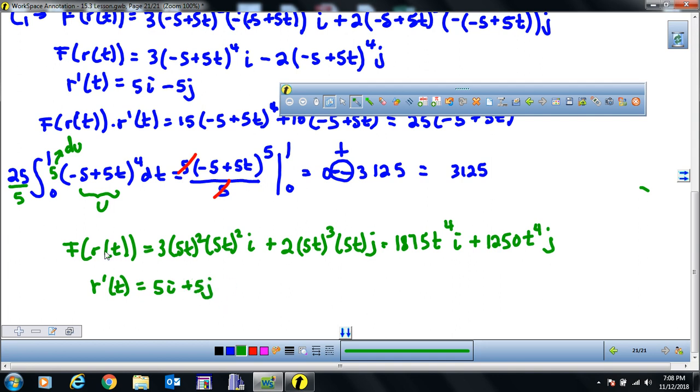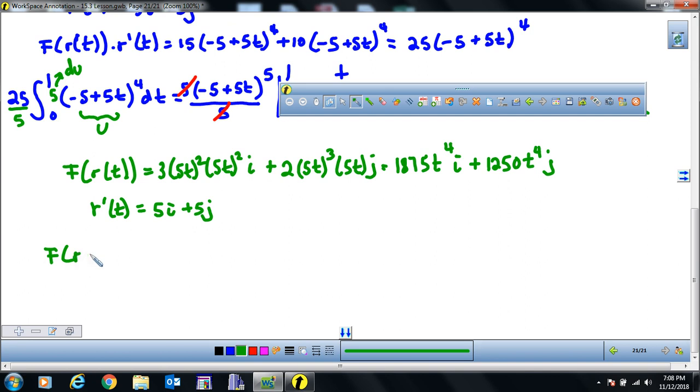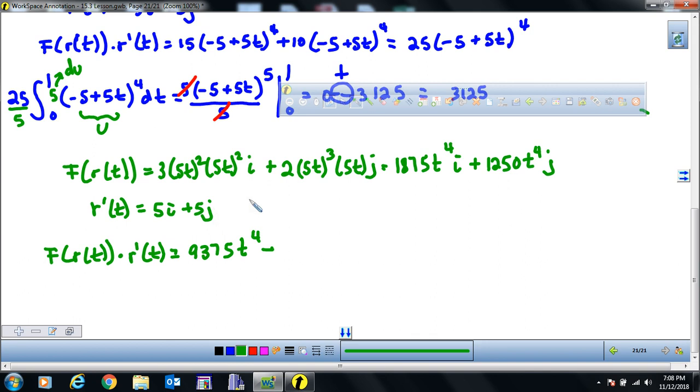And then we're going to get the dot product of the function in terms of the parametrization with the derivative of the parametrization. So 1,875t to the fourth times 5, that's what we need to multiply. 1,875 times 5 would be 9,375 t to the fourth power, plus 1,250 t to the fourth times 5, that would be 6,250 t to the fourth power.